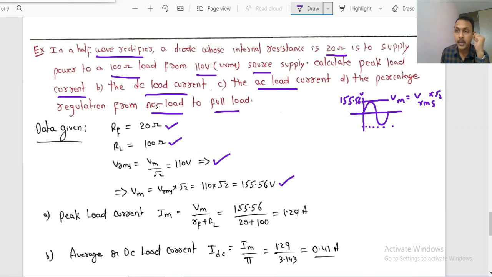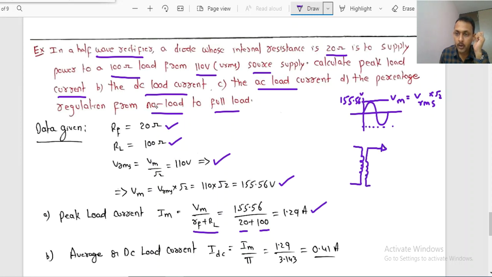So from our previous basics, what will be the current flowing through the diode? IM equals VM by RF plus RL. Right? VM already known, 155.56 divided by forward resistance 20 plus load resistance 100. So 1.29 amps flows to the load.